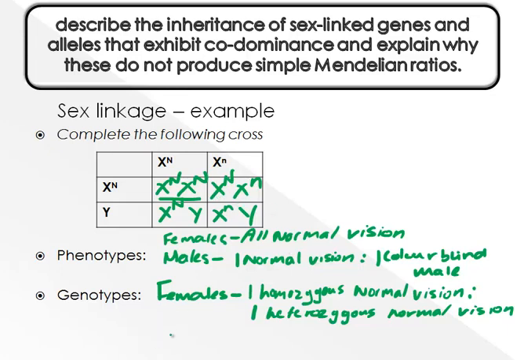Now the male genotype, we have one normal vision male, which is X capital N Y, 1 colourblind.